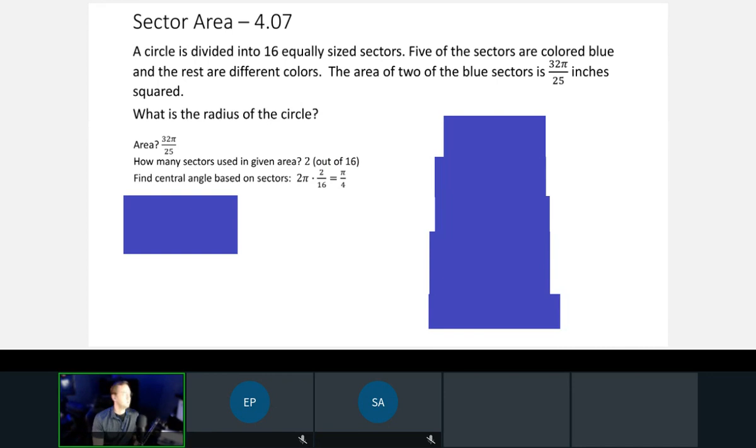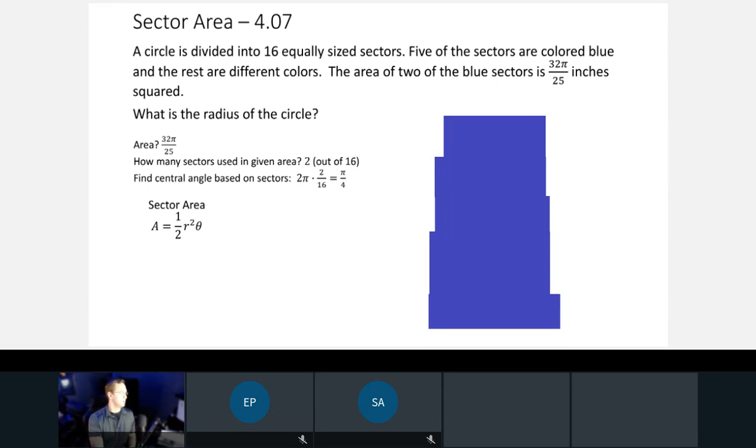Then we need to use the formula: area equals 1/2 radius squared times theta. This is the sector area formula. We know the area of 2 sectors, and we know the angle, the central angle measure of those 2 sectors.